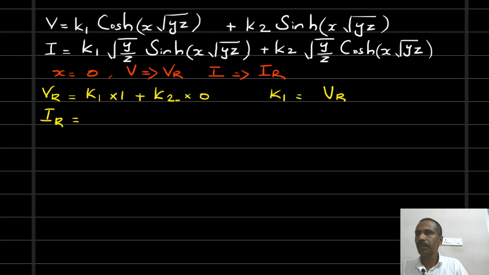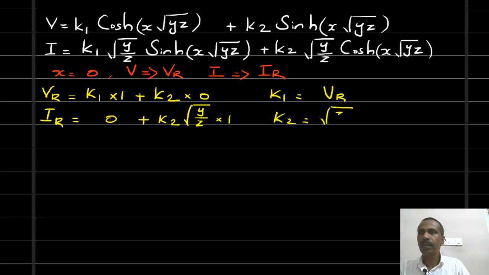IR equals sinh 0 equals 0, that is 0, plus K2 into root of y by z cosh 0 equals 1. So K2 equals root of z by y into IR. Now we got K1 and K2.